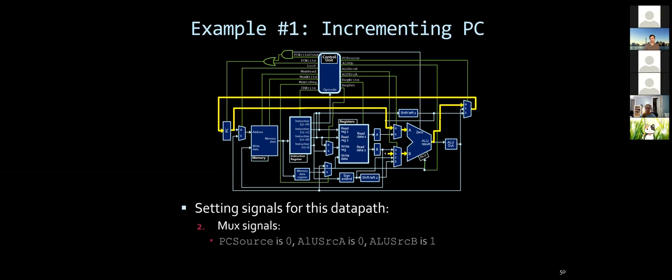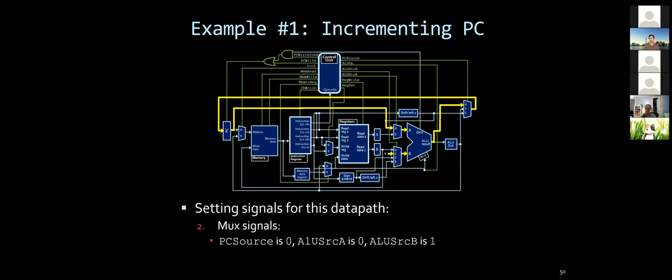Then the mux signals. So let's look at what kind of muxes we had involved. So we had PC source is 0, ALU source A is 0, and ALU source B is 1 to activate this path properly, right? That's what's needed for those muxes to get the right results. Why those ones?